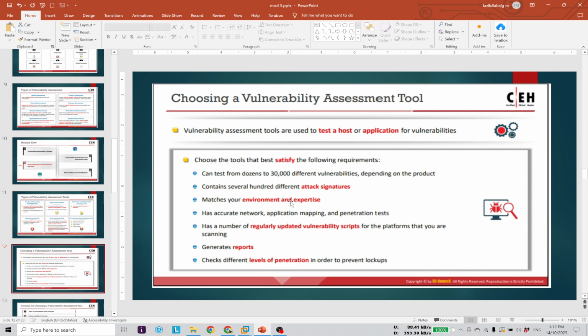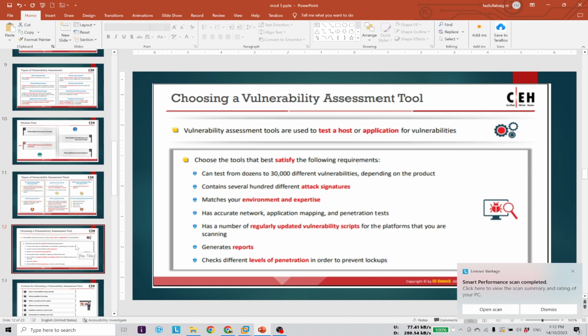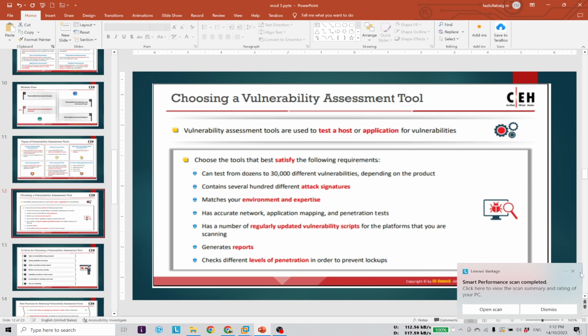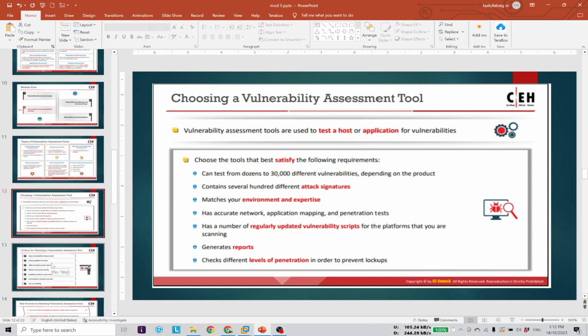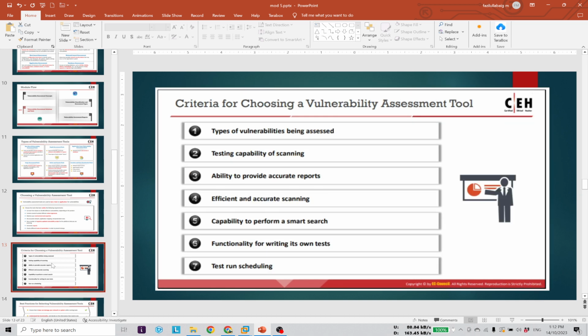In both methods, automatic and manual scanning or penetration testing, we have to see low, medium, and high severity of vulnerabilities, as I discussed in the previous slide. Let's see in the next slide.